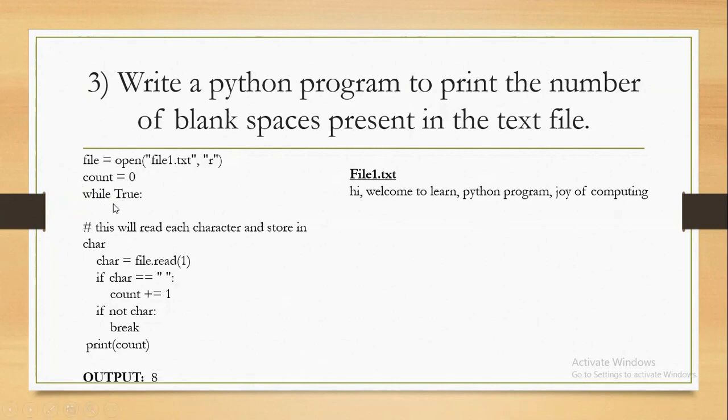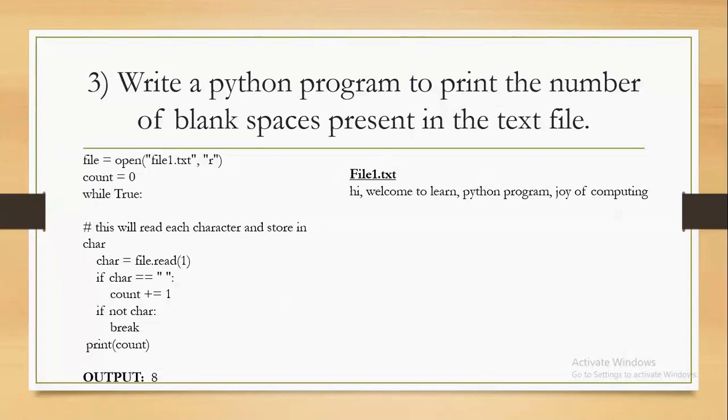While True represents while the file consists of lines, we will perform the following function. Initially the file is read with the help of the built-in read function, and the result is stored in the character variable. That character may be either a single character or it may be a blank space.